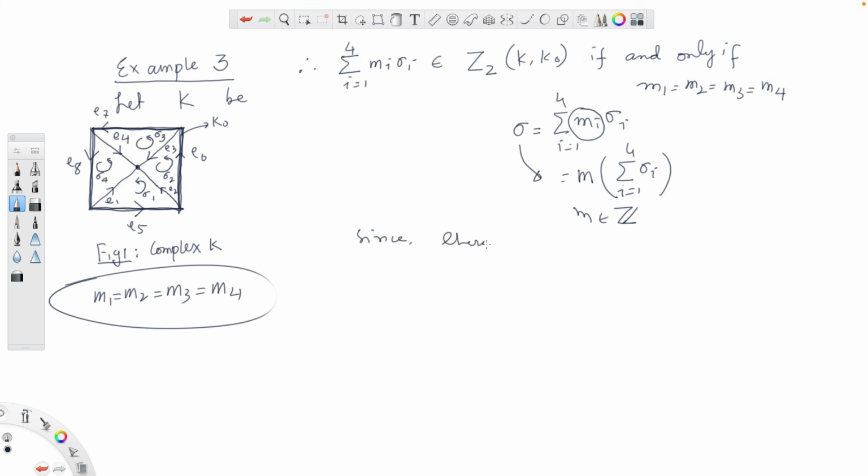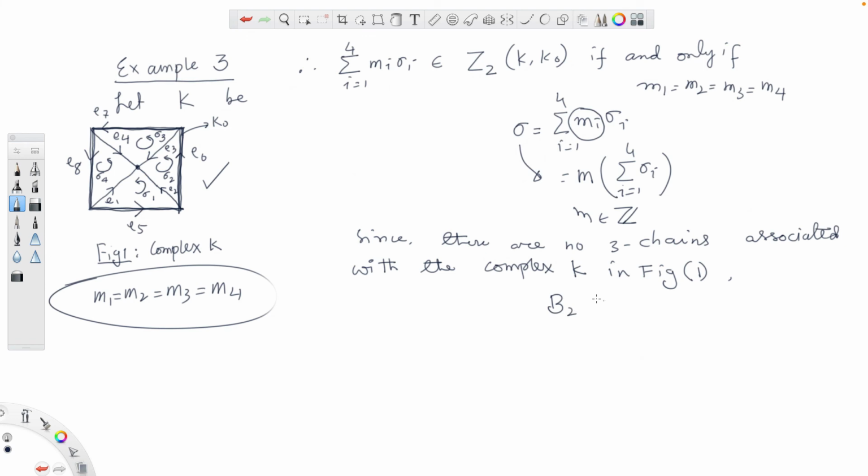Since there are no three chains associated with the complex K in figure 1, in this figure, there is no three chain, right? So B2 of the group of relative 2 boundaries on K mod K0 is trivial.